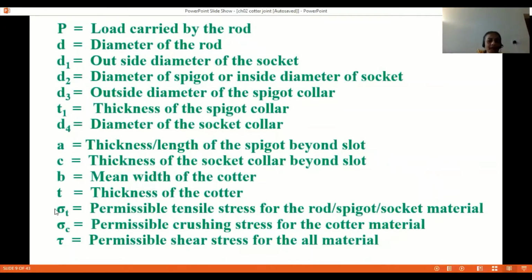Then the material of the socket, spigot and rod will be the same, and for all those materials, the permissible tensile stress is denoted by sigma T, the permissible crushing stress is denoted by sigma C, and the permissible shear stress is denoted by tau.